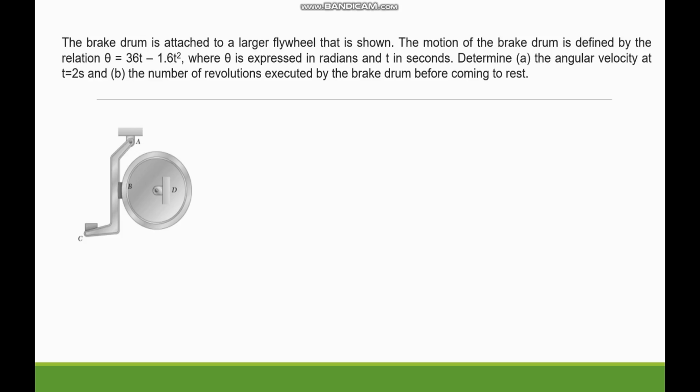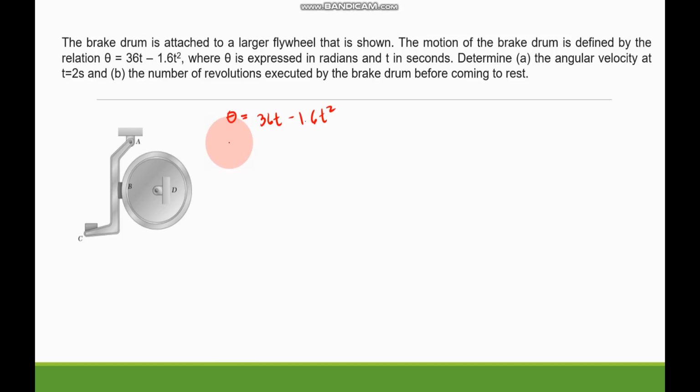So we have here the formula of the angular coordinate is equal to 36t minus 1.6t squared. So we will determine the angular velocity, our omega, at t is equal to 2 seconds.